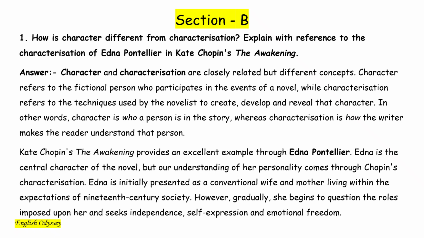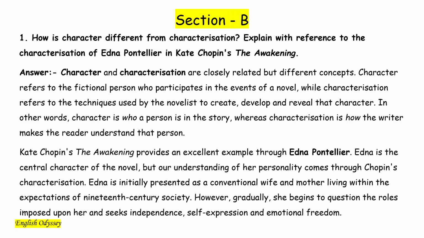Character means the fictional person in the story, whereas characterization means the techniques used by the writer to create and develop the character. In The Awakening, Edna is the central character. Kate Chopin develops her character through her actions, relationships, thoughts, dialogue, and changing behavior.